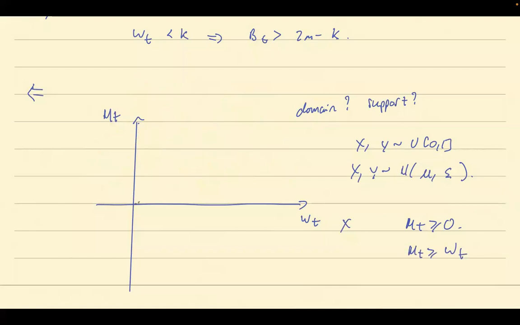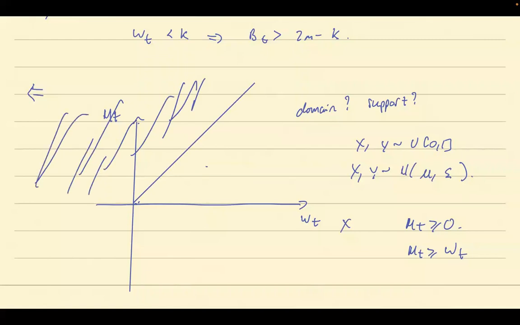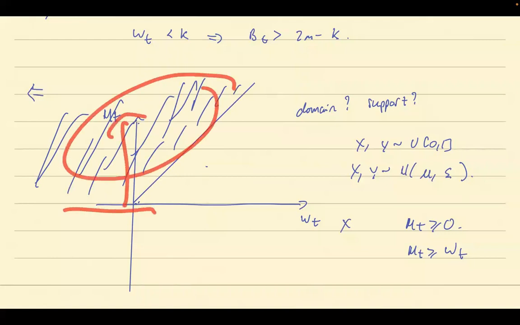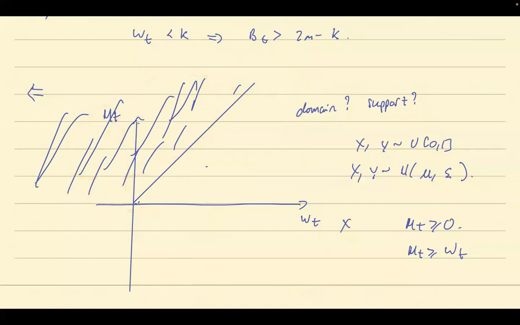Therefore, you have to draw the line y equals x, and the domain is everything above this. Agree? Because WT can be negative, but MT can be positive, so the domain is over here. All right. So that's the domain for now.